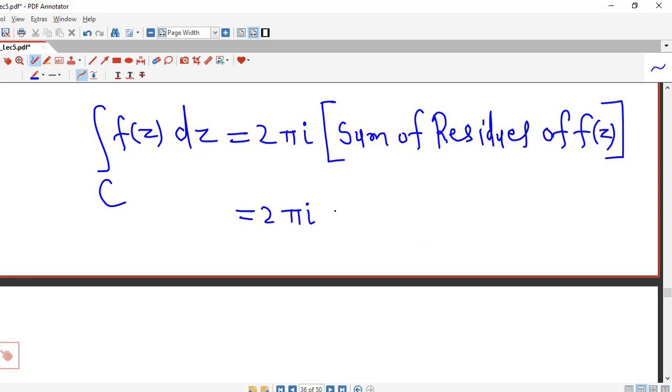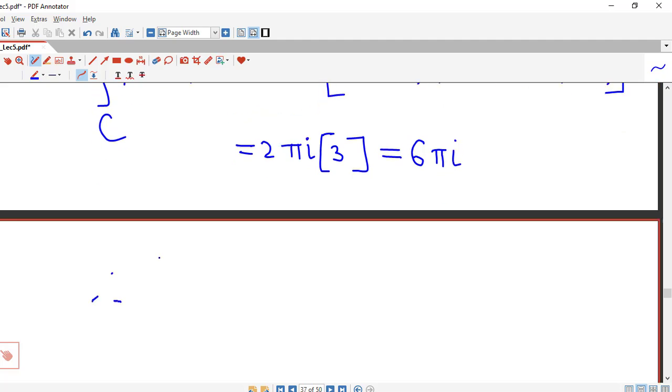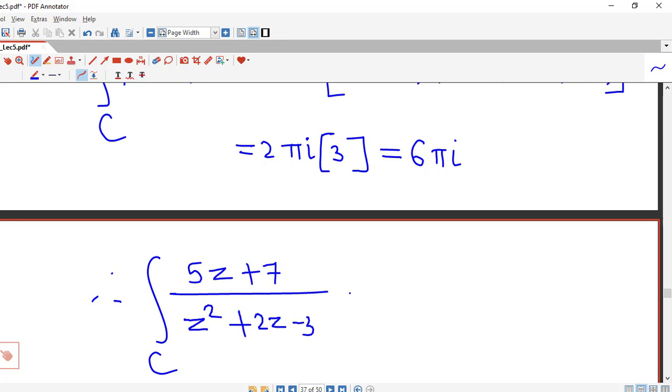So here we have to write only 3. So 2 pi i into 3, that is 6 pi i. Therefore the integral of function f of z, which was 5z plus 7 divided by z square plus 2z minus 3, is 6 pi i by Cauchy's residue theorem.